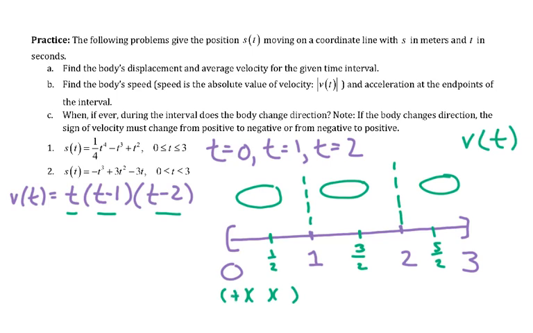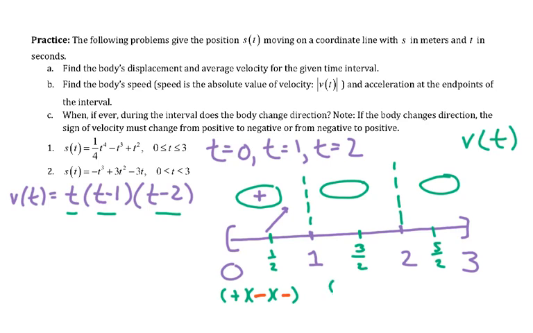But 1/2 minus 1 is negative, and 1/2 minus 2 is negative. So if I multiply a positive and a negative and a negative, what do we get? Overall, we are positive. So you can think about it as going to the right or going up in that interval.